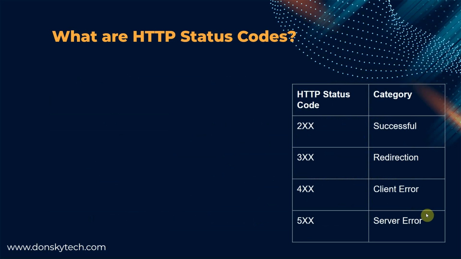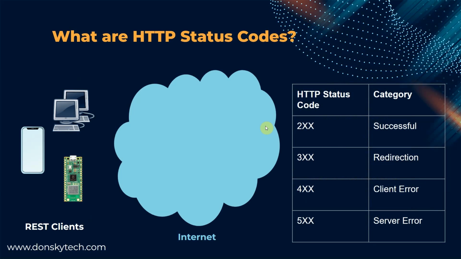So, what are HTTP status codes? When an HTTP request comes in from the client, an appropriate HTTP response is created by the REST API server. It tells the client about the result of the processing, and this is largely based on the HTTP status codes. So for example, whenever the value starts with 2, like 200 or 201, it means it is successful.